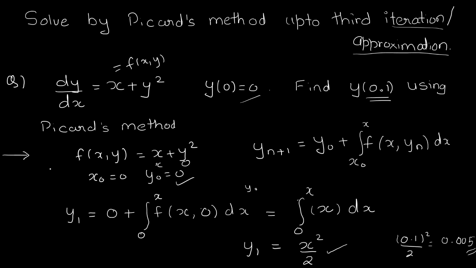Okay, so now this part, whatever you did, finding the value of y1, this is called my first iteration. Okay, and you are told to find up to the third iteration. So although you can get an answer of what is y at 0.1, this answer is not said to be approximate.